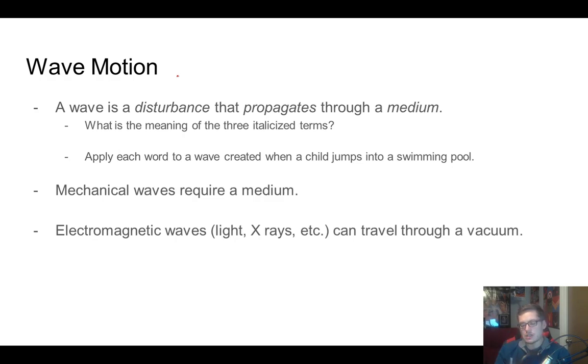Okay, propagation is kind of an interesting idea. So propagates is any time that you have any sort of motion. However, it's special in that it's motion that continues to go on its own after it gets started. So for example, the easiest one that I can think of is the pendulum idea. Again, you've got your pendulum and you bring it up to disturb it, and then you let it go. And then your pendulum will go back and forth forever.